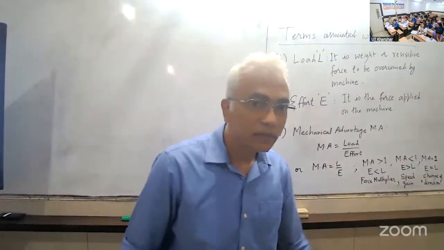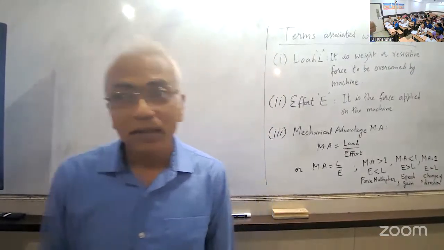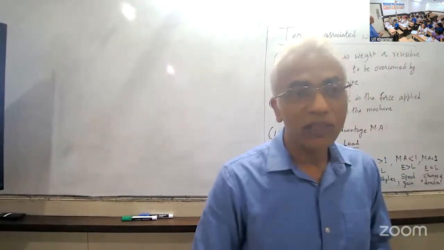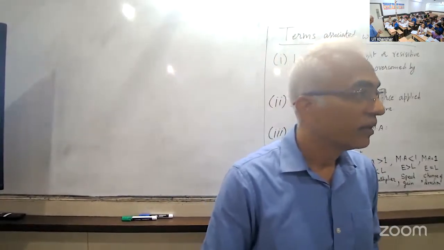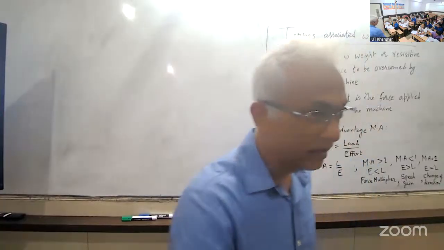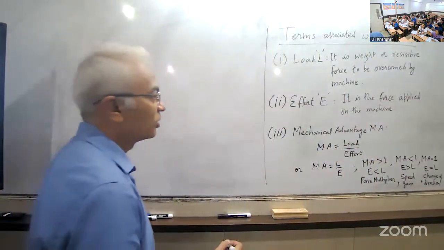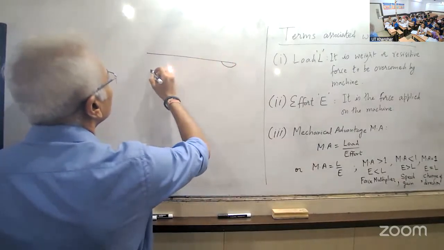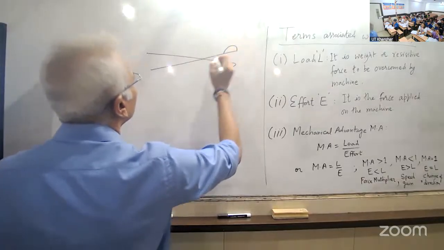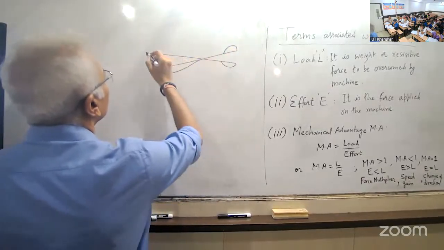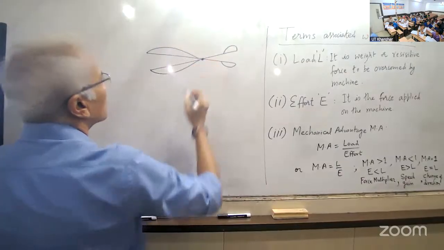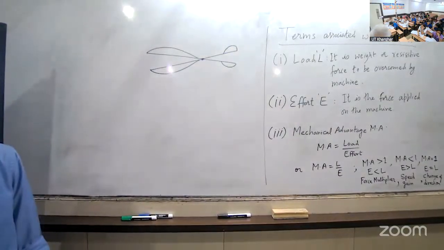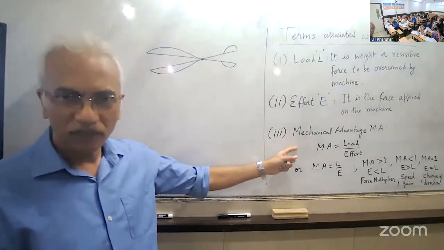What about speed gain? Scissors. How? Scissors is correct. So what do you get in scissors? What is speed gain? It will become more clear when we discuss what is called velocity ratio.